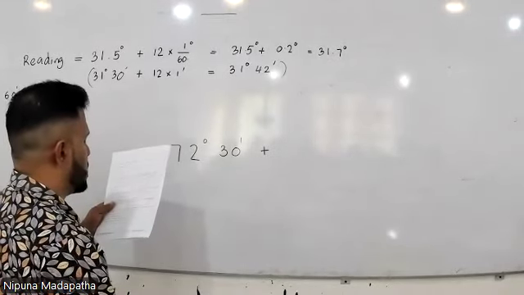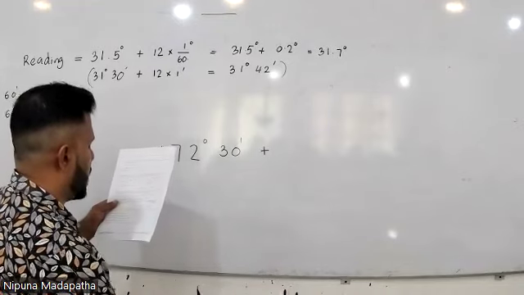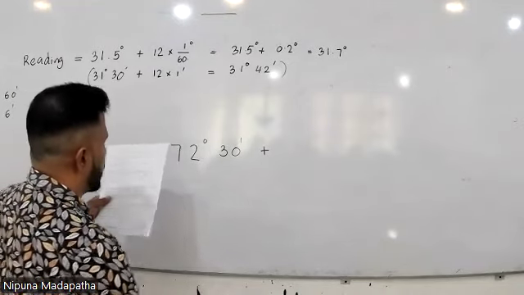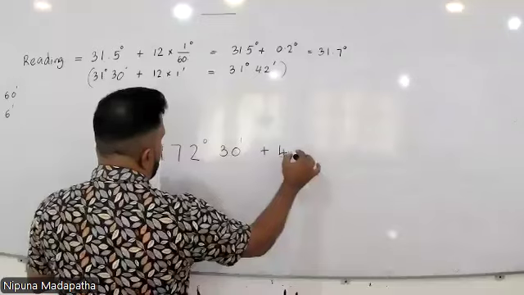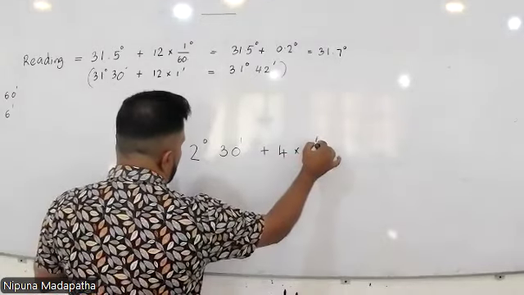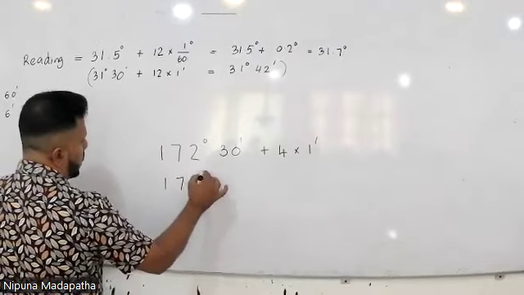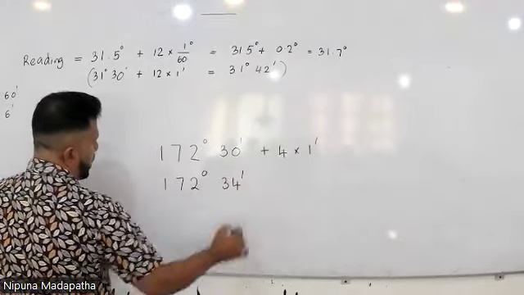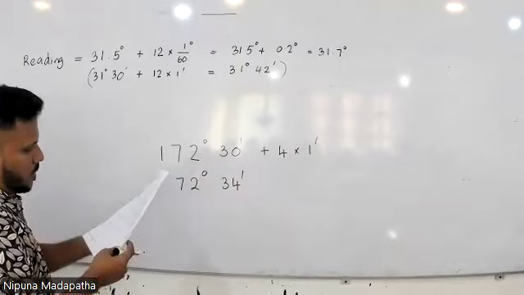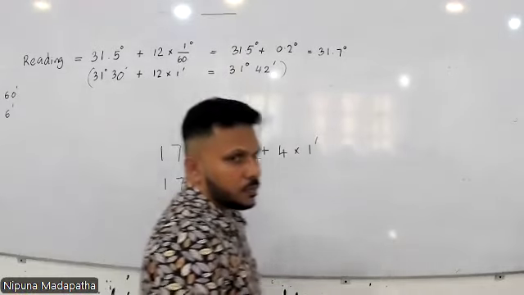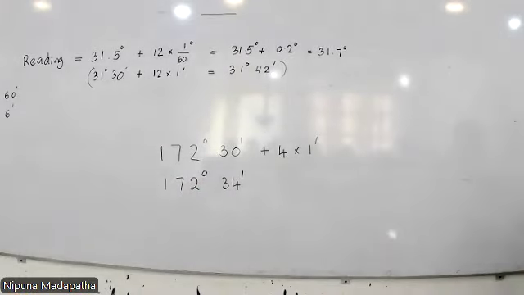Which vernier mark is in line with the main scale? It is the fourth one. 4 into least count of 1 minute. So the answer is 172 degrees 34 minutes. Answer is 3. Right. That's it.